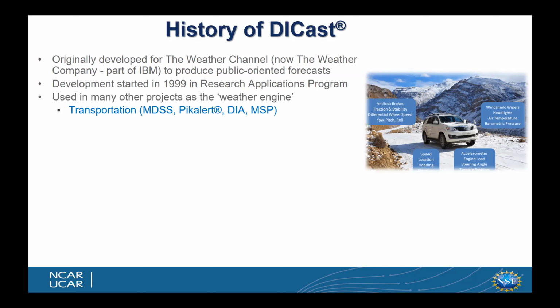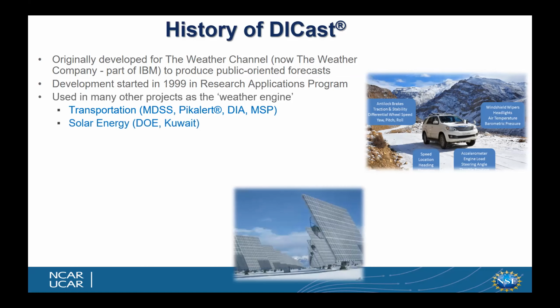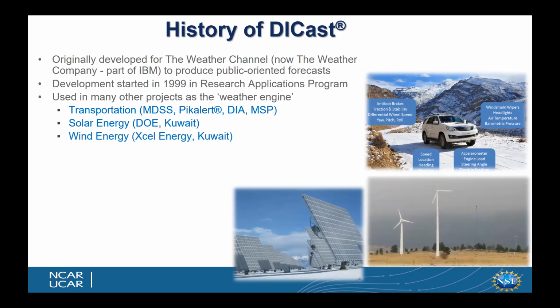It's being used for surface transportation prediction, bringing in information from connected vehicles in real time, blending that with weather forecasts and observations from satellite and radar in the region, allocating those to road segments so the traveling public has information. It's being used in solar energy prediction and wind energy prediction.